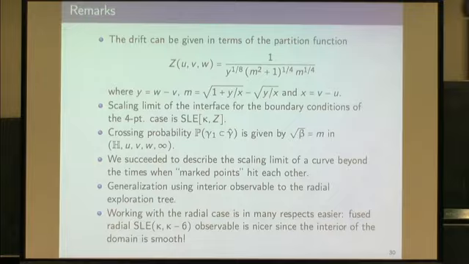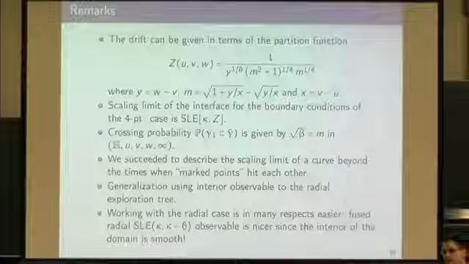Similar a priori estimates give you the tightness of this tree in a suitable topology. So this result gives you the convergence of all the finite subtrees, and you also have some kind of control on how well these finite subtrees approximate the full tree.